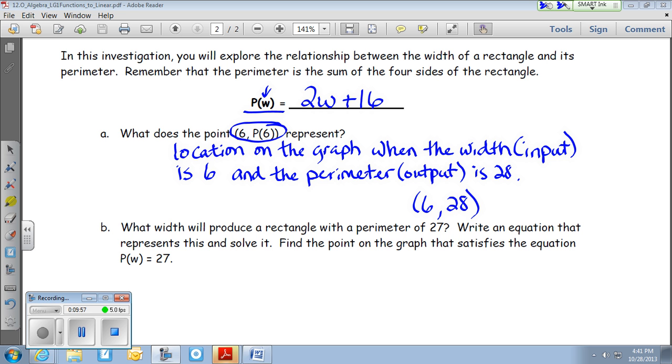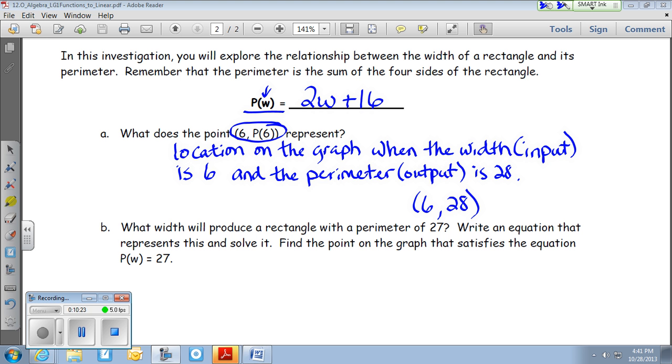Let's look at letter B. What width will produce a rectangle with a perimeter of 27? Write an equation that represents this and solve it. And find the point on the graph that satisfies the equation, the P of W equals 27. All right, so what I want you to do is set up an equation with the actual output, the Y, or the perimeter being 27, using the equation from above.